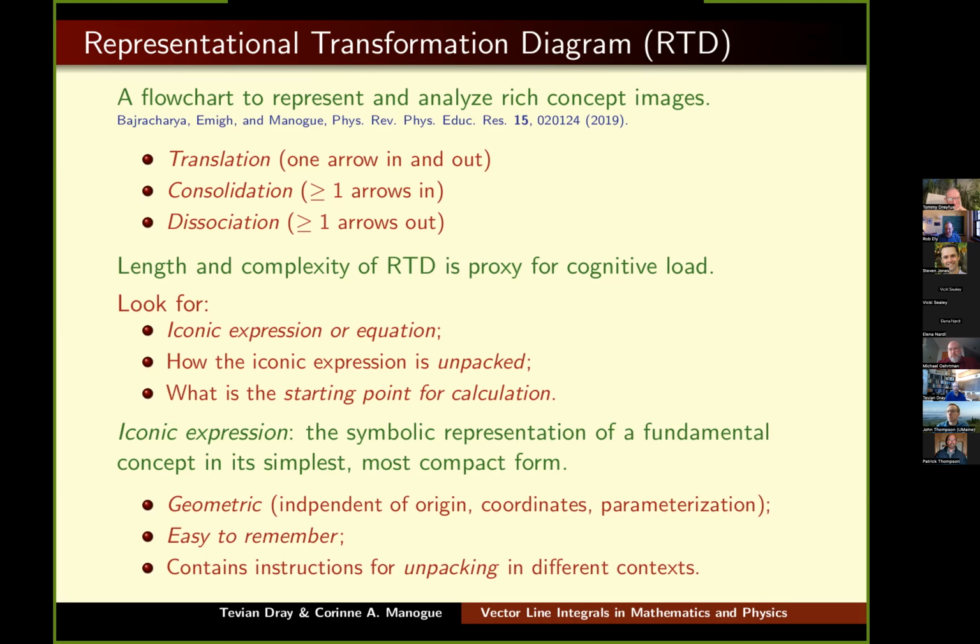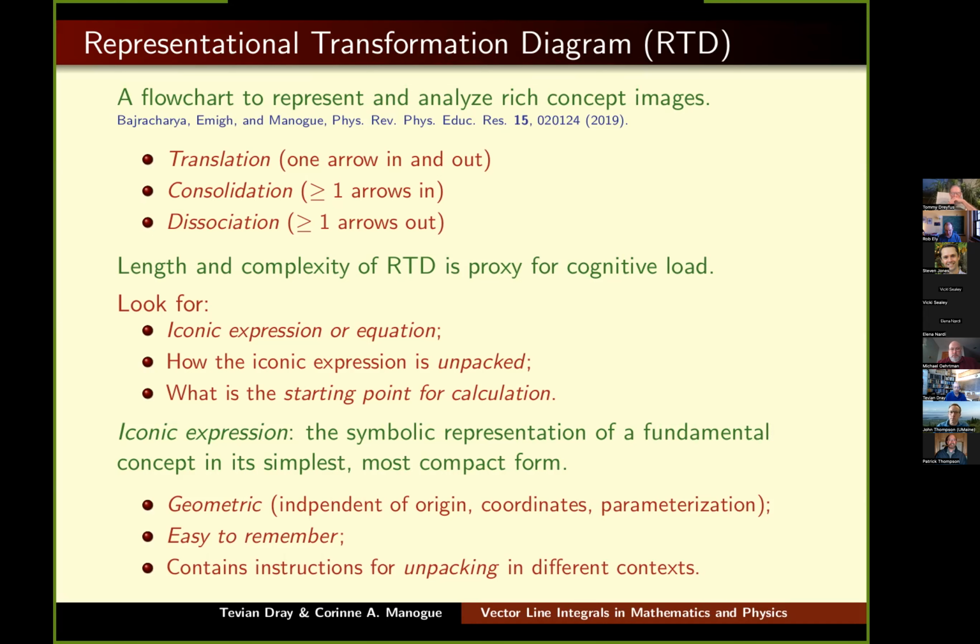We use the length and the complexity of an RTD as a proxy for the cognitive load involved in mastering this concept. The things we look for are in particular what we call an iconic expression, which tries to summarize the core of the concept, how the iconic expressions are unpacked, and what is the starting point for calculation.